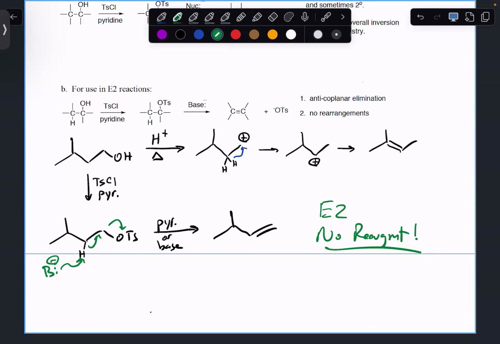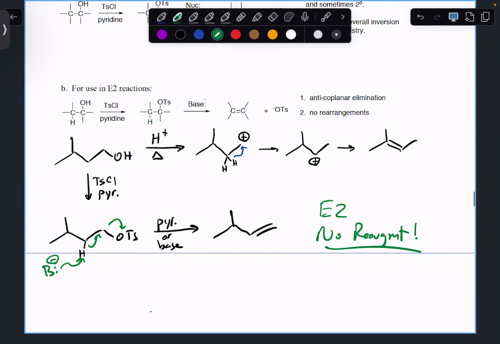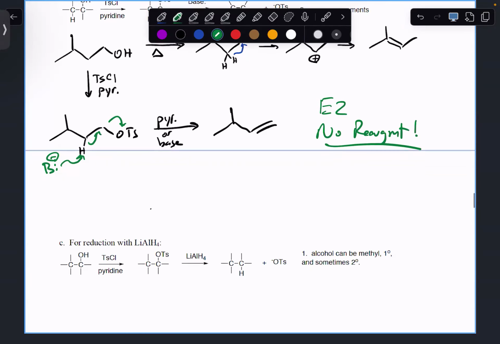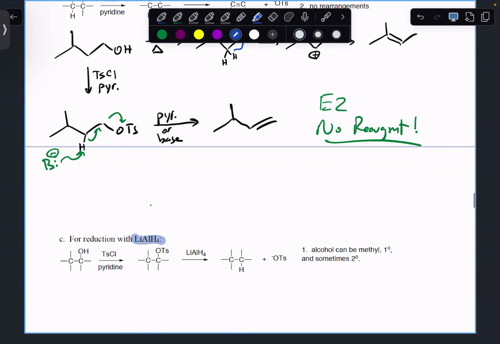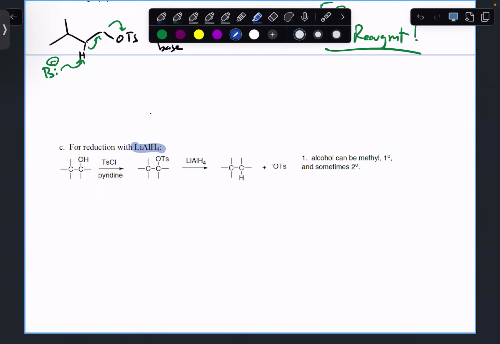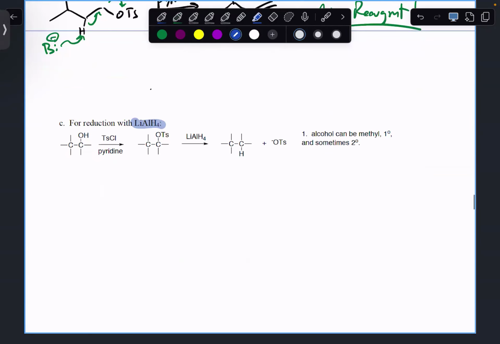Now, there is one final thing we can do with these tosylates. And we just discussed this reagent a minute ago, LAH. We can take tosylates and treat them with lithium aluminum hydride. Based on what we've already talked about, you can probably imagine what that is going to do.